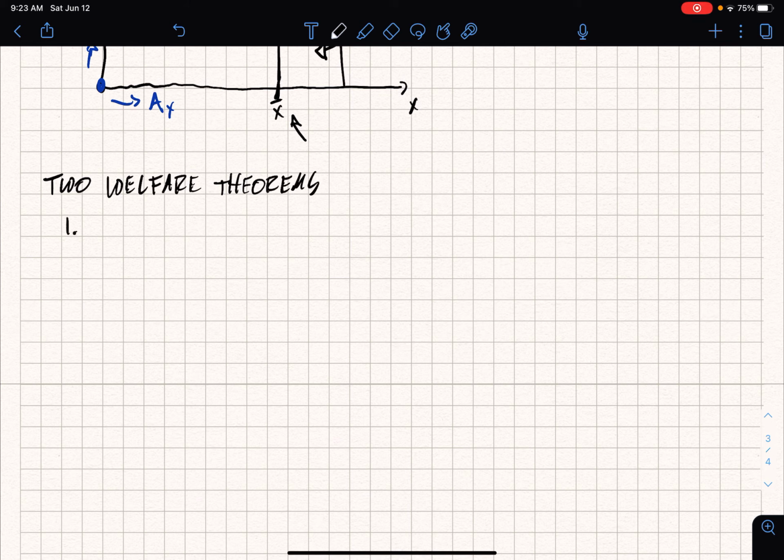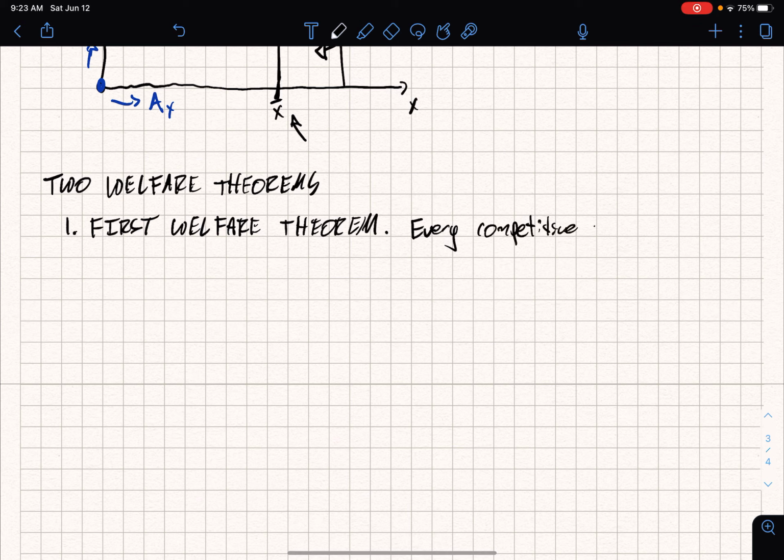One, the first welfare theorem of economics: every competitive equilibrium is Pareto efficient.